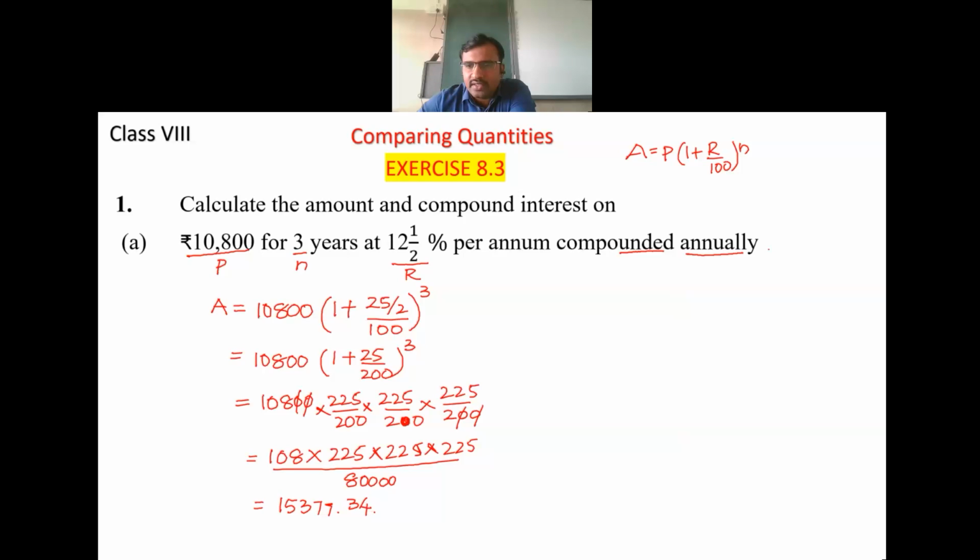Actually, it will not stop here. It is an approximate value, isn't it? 0.34375, 0.3333. So better I'll write it approximately as 15377.34. This is the amount.